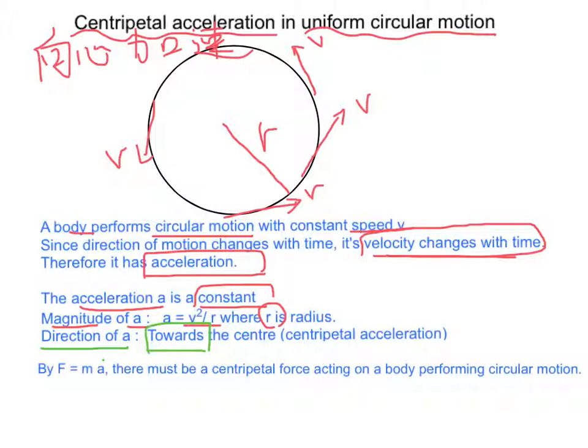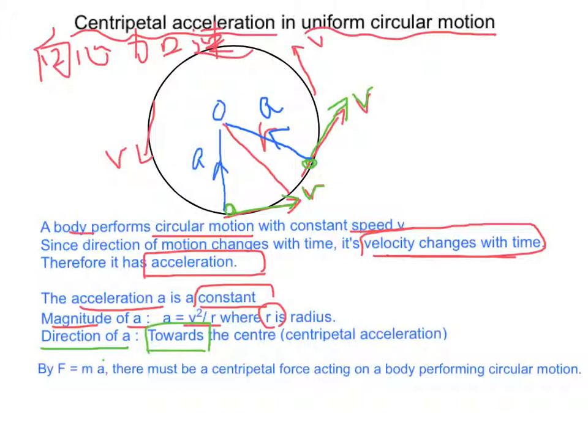That means when the body is at this point, moving to the right with a constant speed v, at this moment its acceleration is towards the center O. Again, when it moves to the point here, traveling with a constant speed v in this direction, its acceleration is also towards the center of the circle.